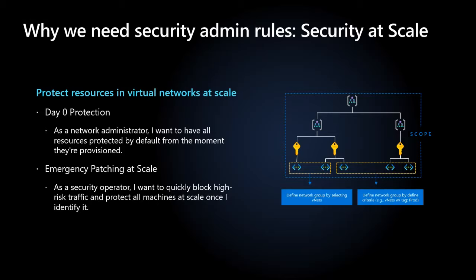Then I can use secure admin rule to block such kind of traffic, let's say for the production network group. Once you apply that, all of the VNets would be applied with this configuration, and this can be done in a few minutes.